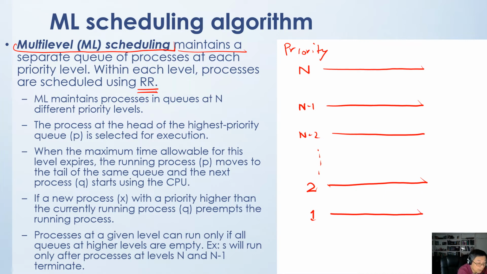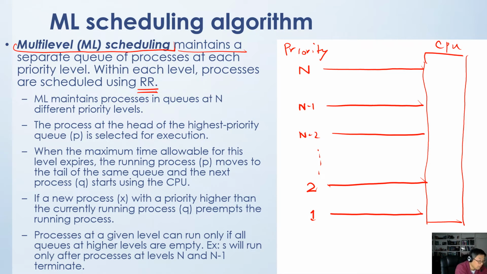Okay, so then these queues are going to be used by the scheduling algorithm to allocate the CPU.